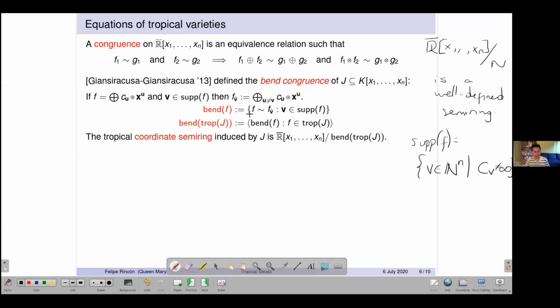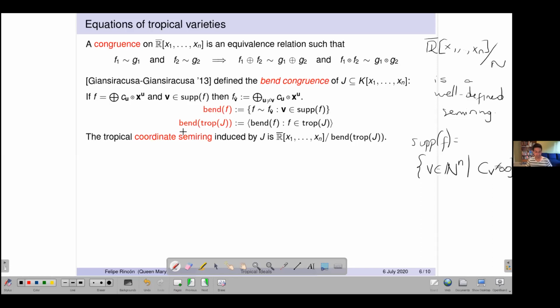They declare that F is equivalent to F removing each of its monomials. So if you have x plus y plus 0, the bend relations associated to x plus y plus 0 declare that x plus y plus 0 is the same as just y plus 0 when you remove x, x plus 0 when you remove y, or x plus y when you remove 0.